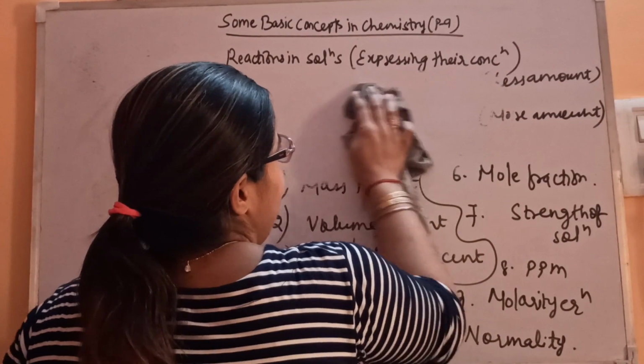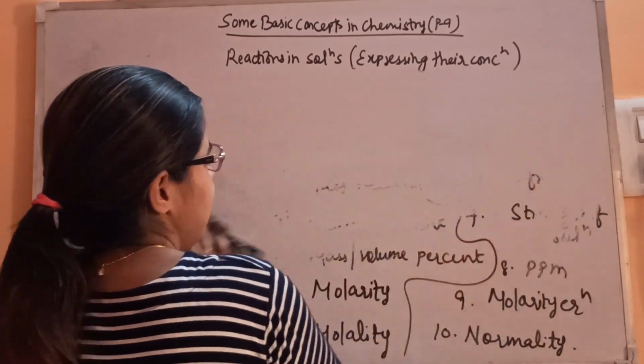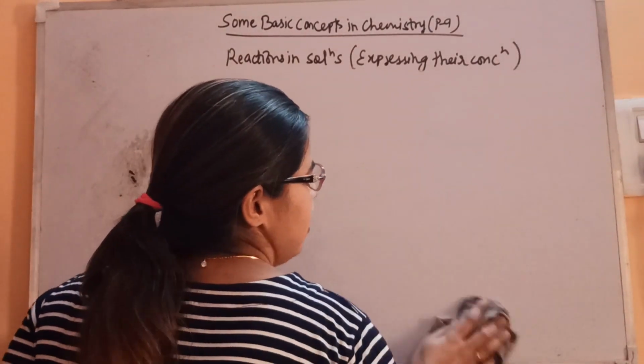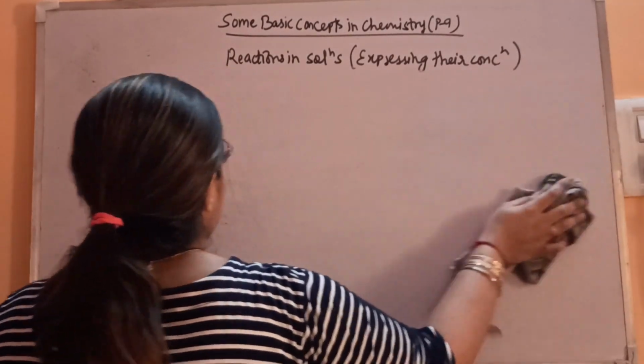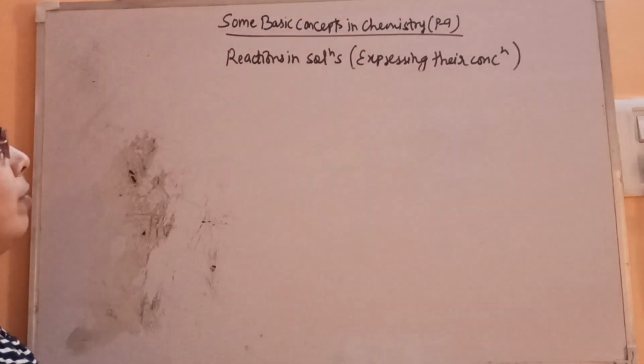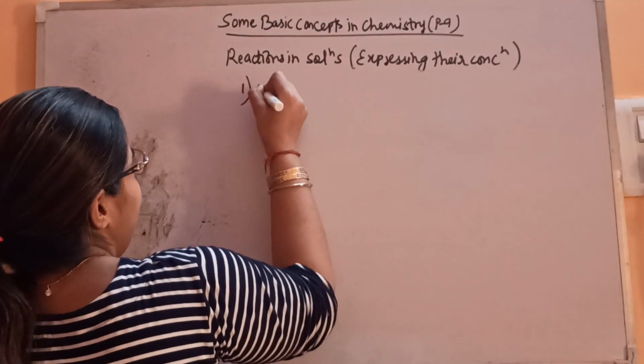So first is the mass percent. As the name suggests, it means we're going to express the reactants in terms of their mass, that is, how much mass or how much amount of the reactant has to be taken for carrying out a particular reaction.